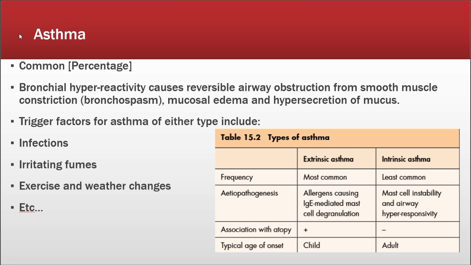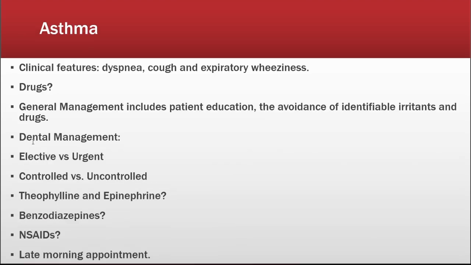Usually, there will be an allergen causing IgE mediated mast cell degranulation. The intrinsic is less common, and usually it's hyperresponsivity with mast cell instability, and more common in adults. Okay. Now, the clinical features: patients will complain of dyspnea, cough, and expiratory wheeziness.